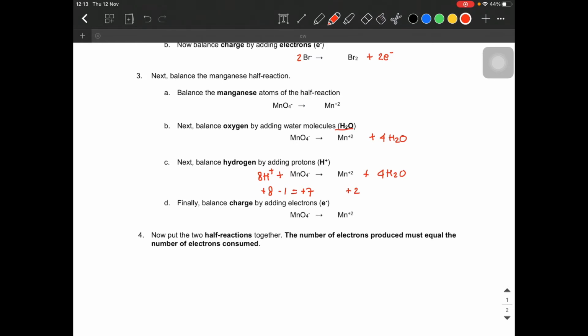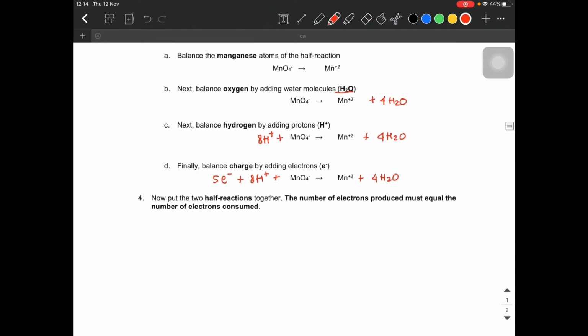We can balance this by adding electrons. So here we just need to add 5 electrons at the left hand side, and 4 H2O at the right. Now our half equations are already balanced.